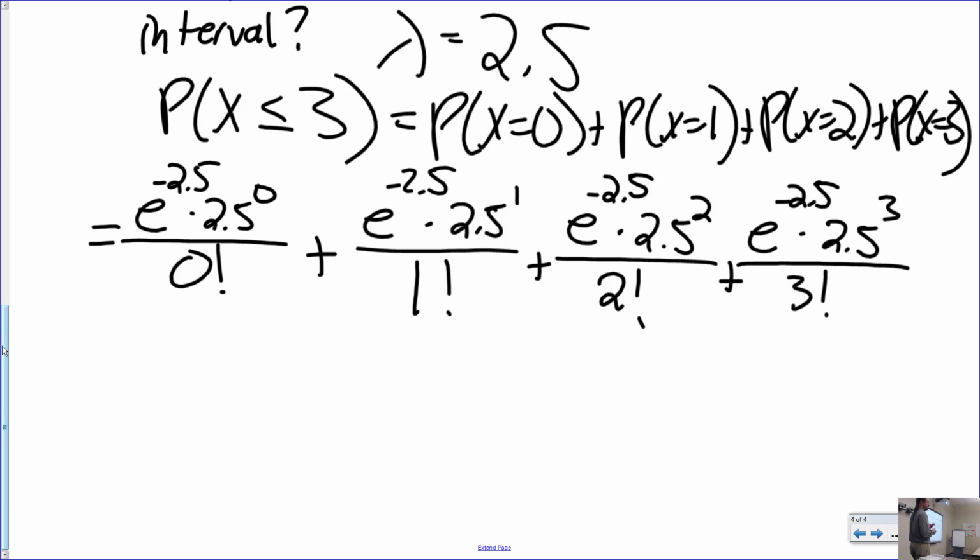And 2 factorial is easy too, it's just 2. And 3 factorial is 6. So let's see if you guys get what I got.